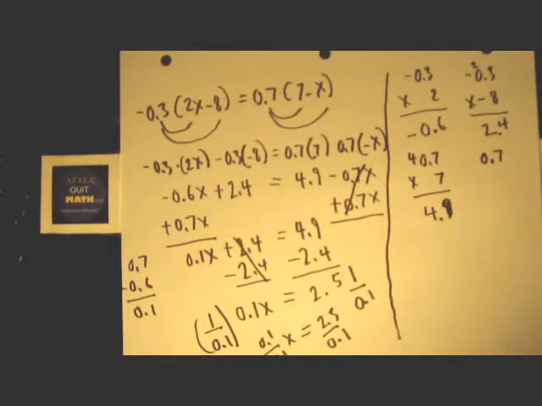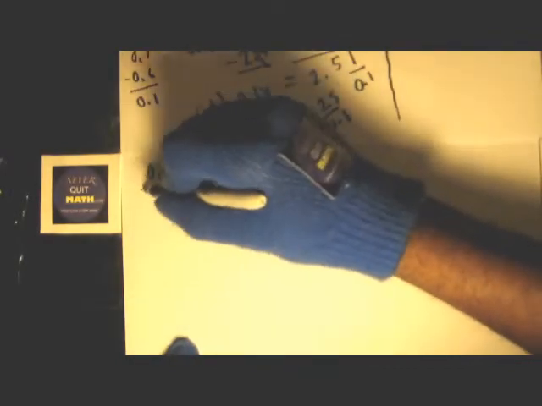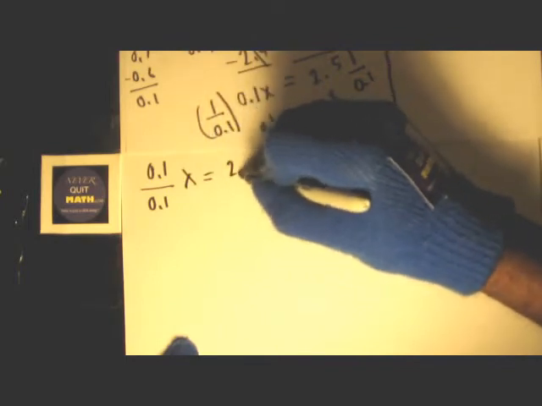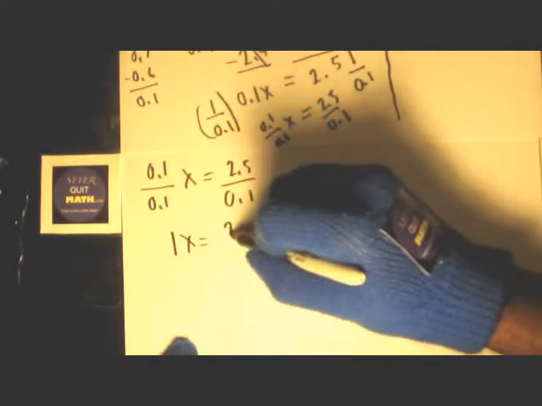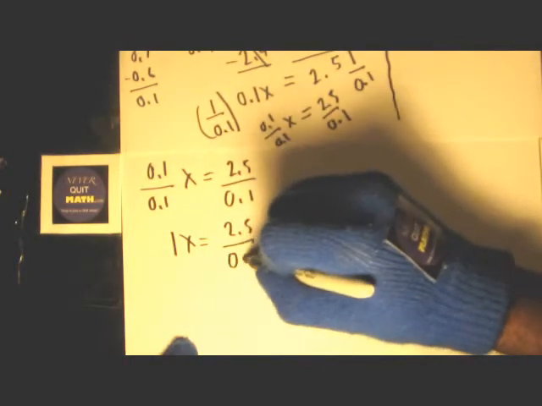Let's hold on to that and continue on. So we've got 0.1 over 0.1 x equals 2.5 over 0.1. We know this comes out to just 1x equals 2.5 over 0.1.